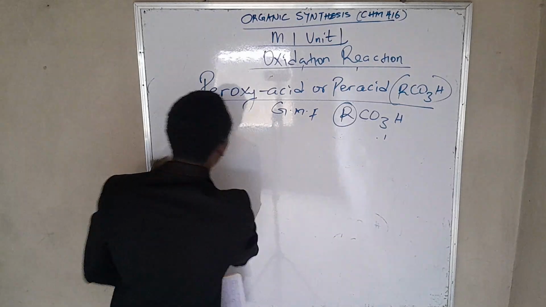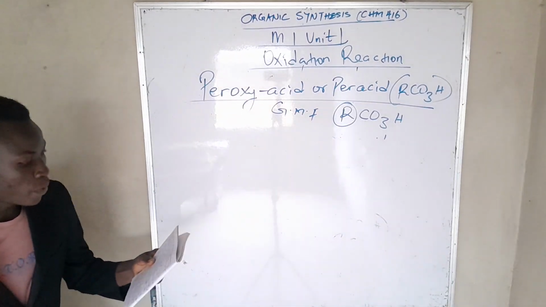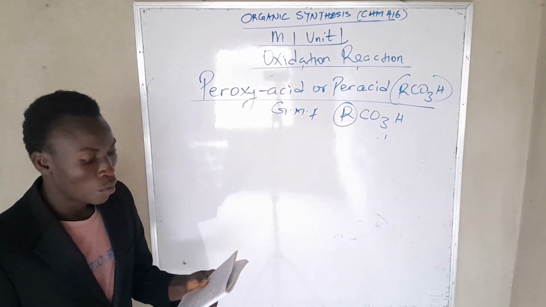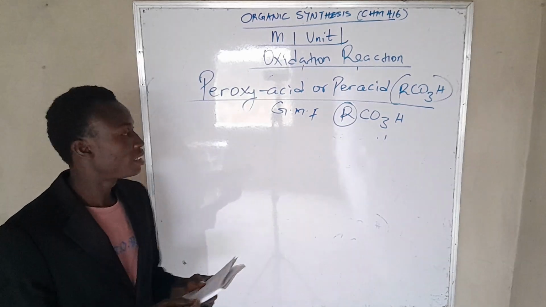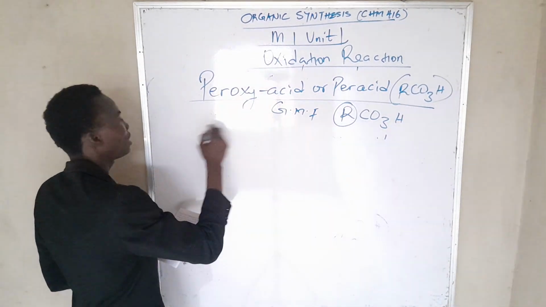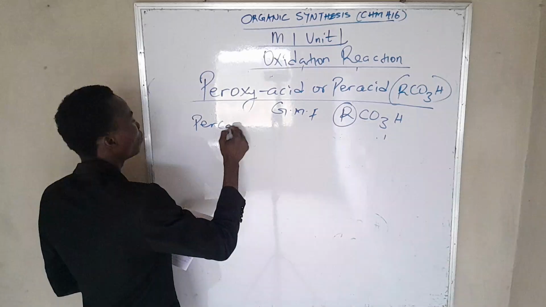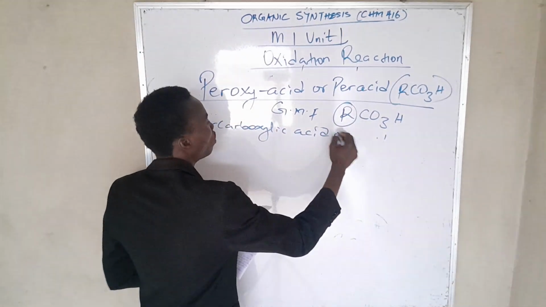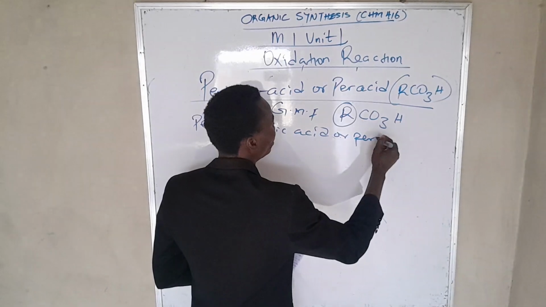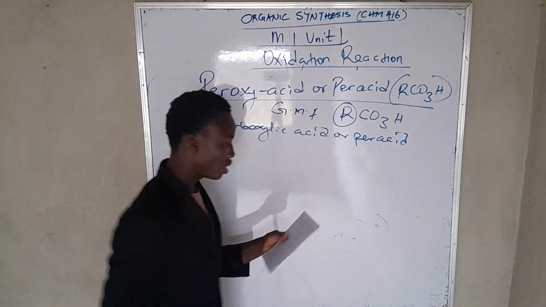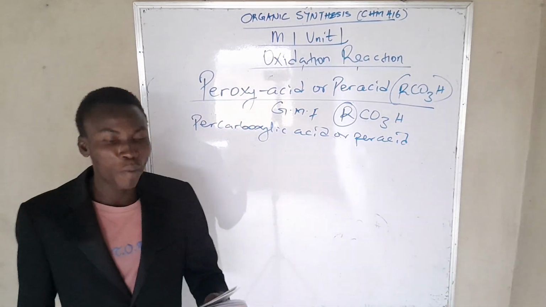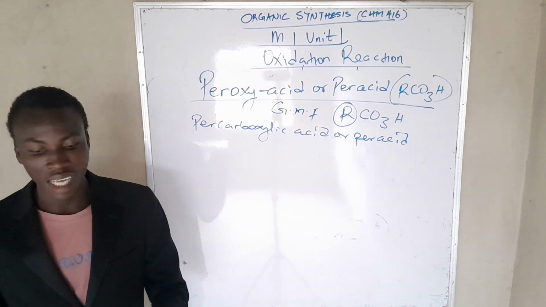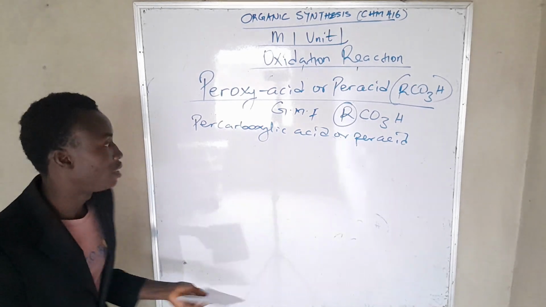The preparation of what we call percarboxylic acid, or peracid, is usually done by the reaction of a carboxylic acid with hydrogen peroxide.